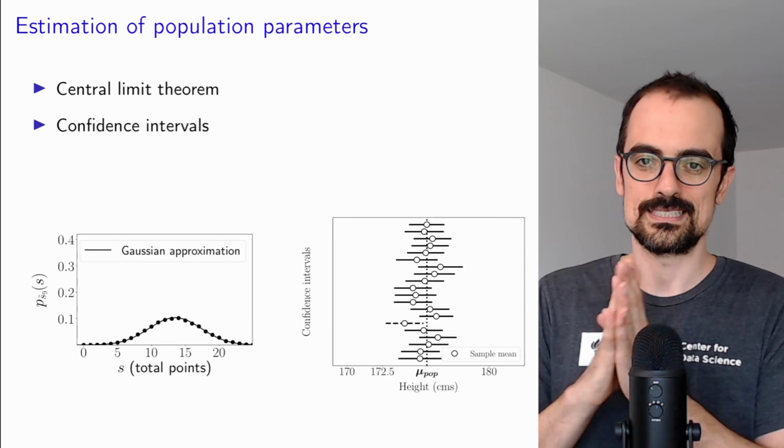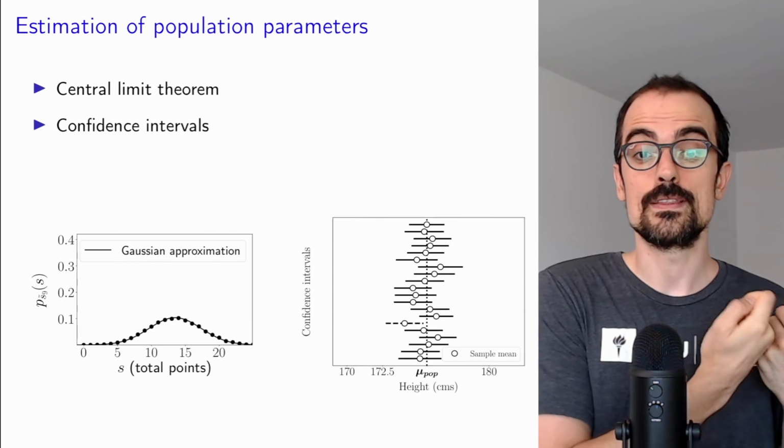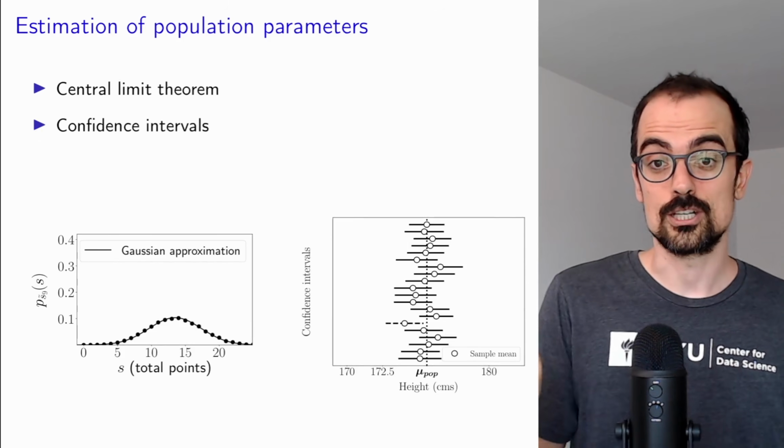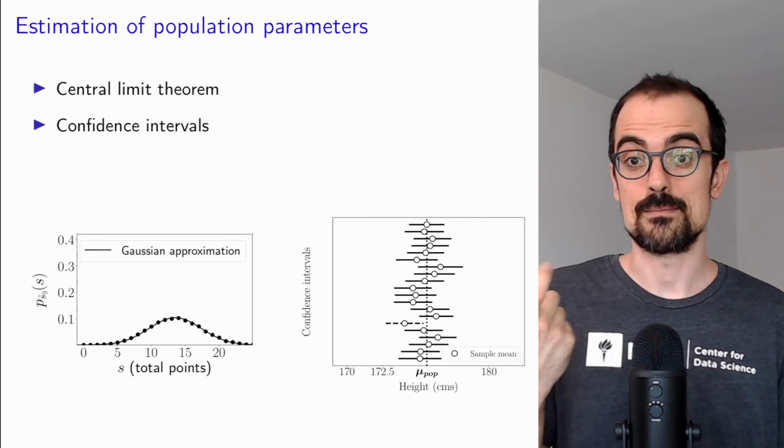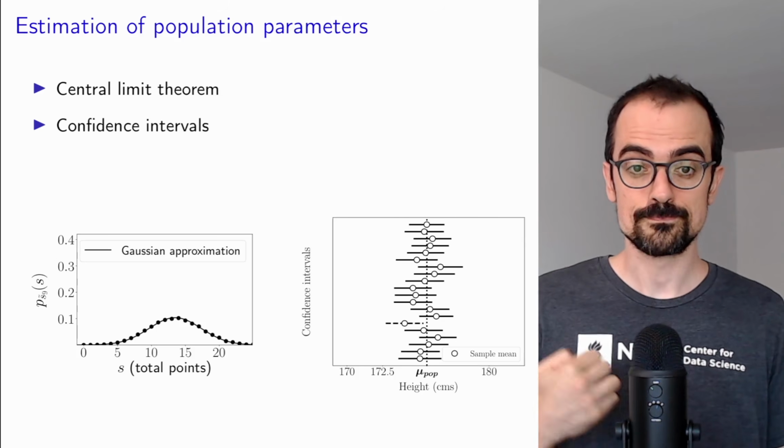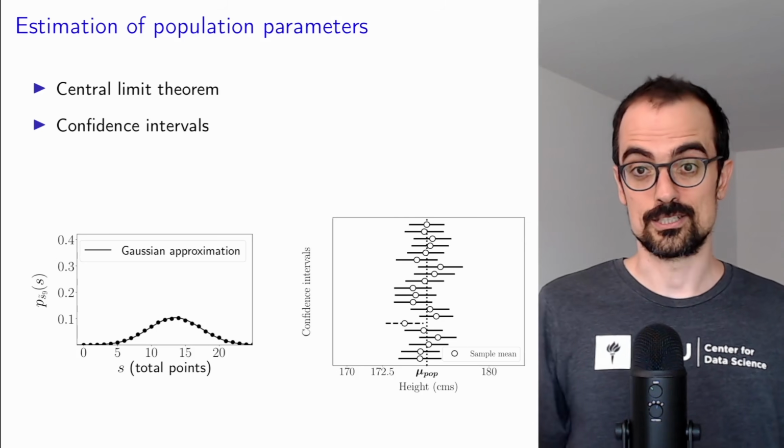This is critical in statistics, where it enables us to compute confidence intervals that quantify our uncertainty about parameter estimates. Here are some confidence intervals for the mean in a certain population.